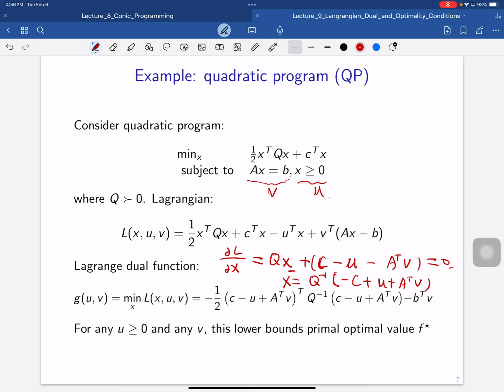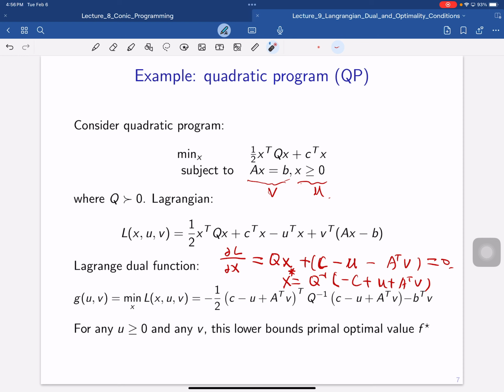So that's the optimal x. And then you just replace x with x star and plug it back into this equation. You basically get this result here. Okay. Is this part clear before we move to the next slide?